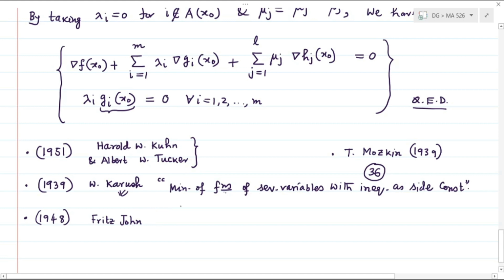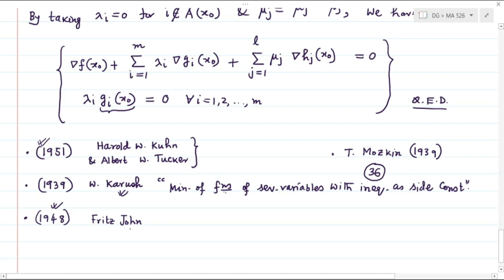That means the same problem that was taken up by Kuhn and Tucker and published in 1951. This work had already been published by Fritz John, and the Kuhn-Tucker optimality condition is just a corollary to the Fritz John condition. And Fritz John is not a person from optimization.